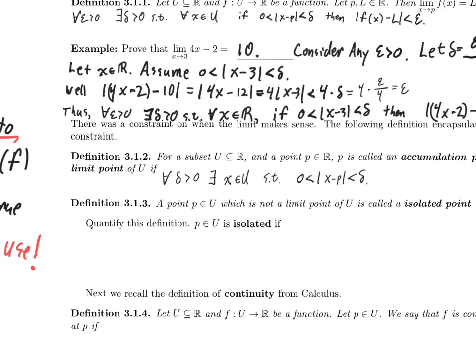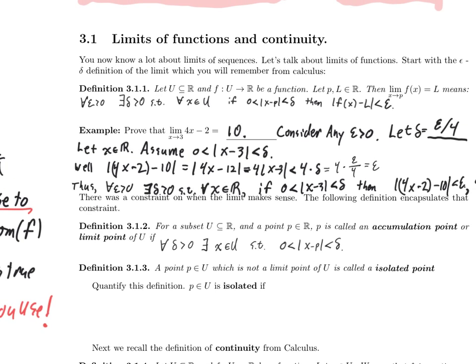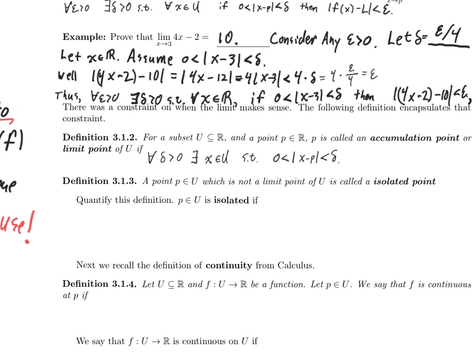So a point is a limit point or accumulation point if, no matter what delta you pick, there exists something where the hypothesis of this if-then is true. So the if-then is a reasonable thing to even ask about. A point p, which is not a limit point, is called an isolated point.